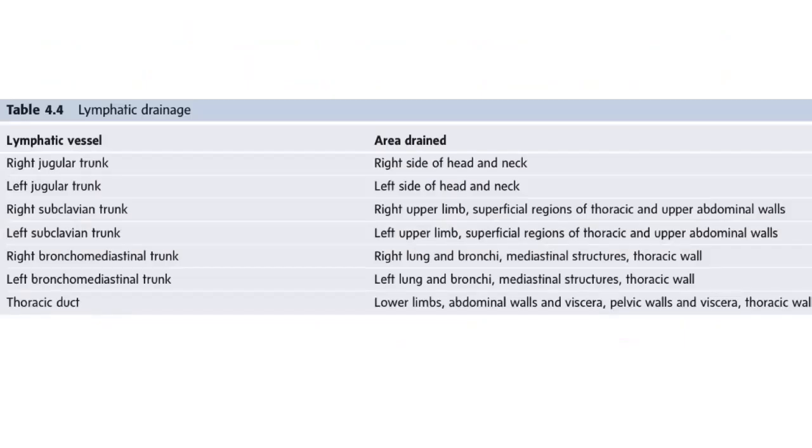These are the main lymphatics of the body. The right jugular trunk and left jugular trunk drain the right and left sides of the head and neck. As you already learned, the right subclavian trunk drains the right upper limb, and superficial regions of the thorax and upper abdominal walls.